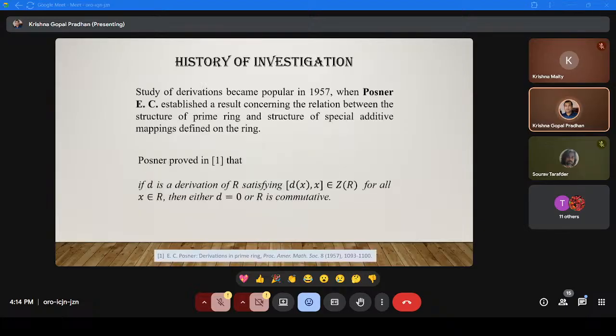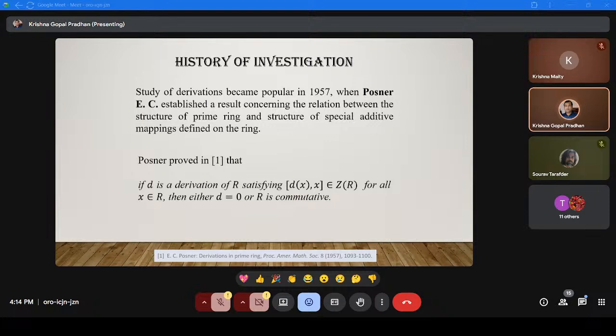So first of all, the history of investigation. The study of derivation became popular in 1957 when Posner established a result concerning the relation between the structure of prime ring and the structure of special additive mappings defined on the ring.